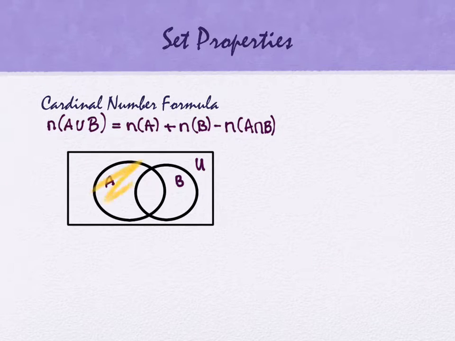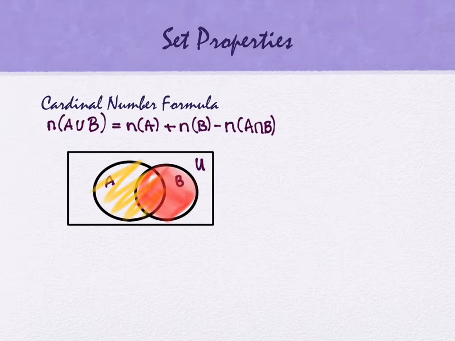I would get everything in A shaded in, correct? And then if I count up everything inside of circle B, I get all of this. What do you notice happened when I counted those two things? I double counted what they had in common, right?